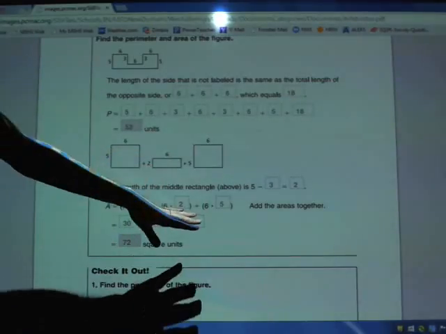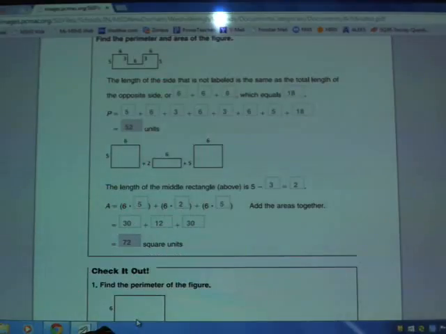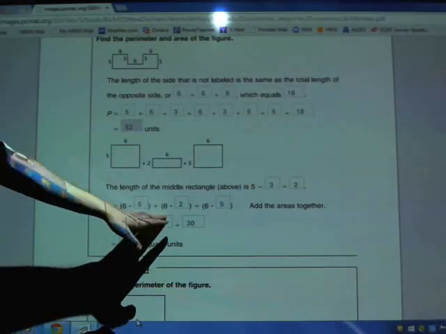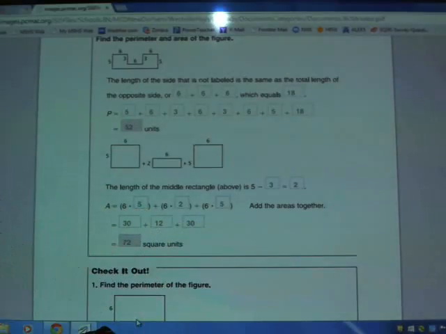And then we're going to simplify our calculations. Notice the way they've written this is with the order of operations, so 30 plus 12 plus 30, which is 72, and that's 72 units squared. Now, not to dwell on this question too long, but you do have another option for finding the area that might save you some time. What you can actually do is make a more complete shape.